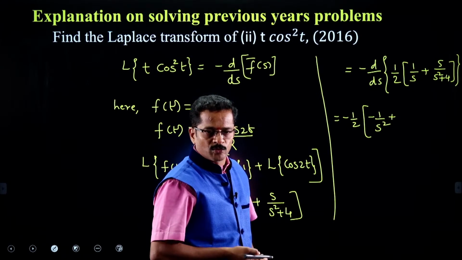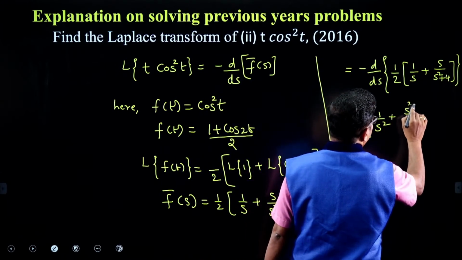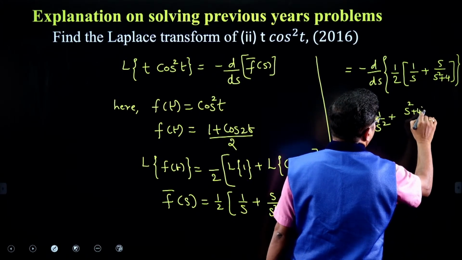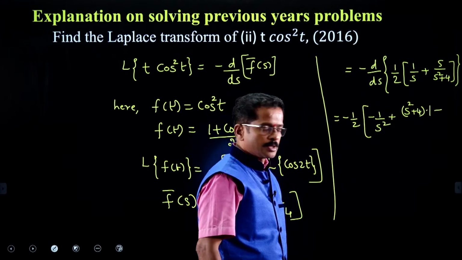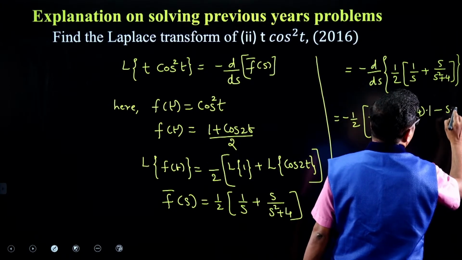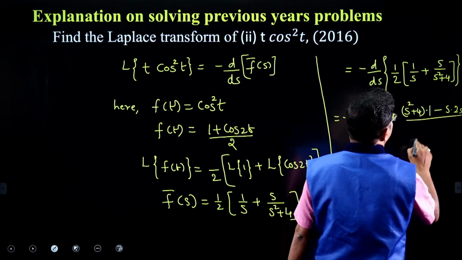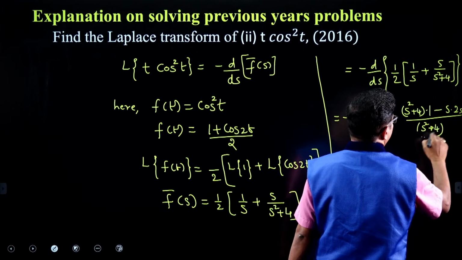Apply the quotient rule: s square plus 4 into 1 minus s into 2s, by s square plus 4 whole square.